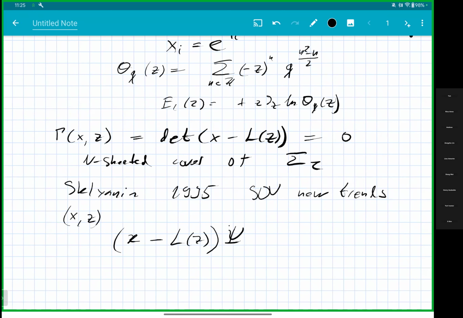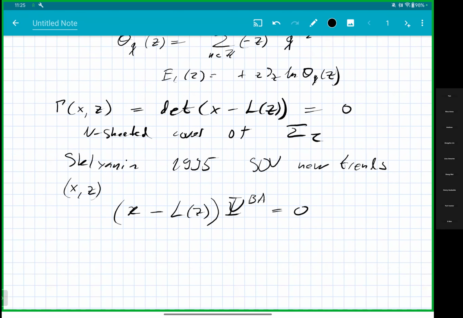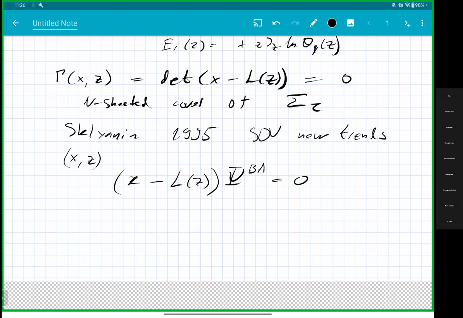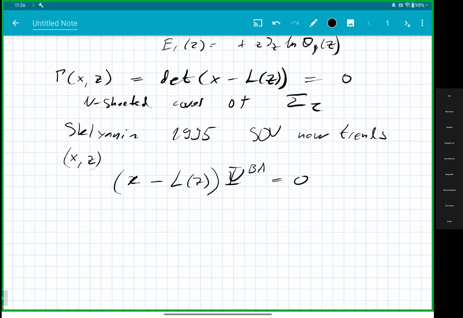The Baker-Akhiezer function is basically the eigenvector of this equation. If we normalize it in a certain way, it will have the right number of poles as a function on the spectral curve, and these poles and the eigenvalues which are dual to them will be the canonical variables.